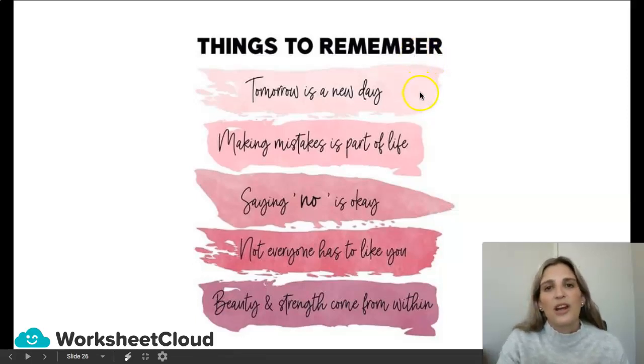So we can always scratch today off and just focus on new day tomorrow. This is so apt or appropriate for this lesson. Making mistakes is a part of life. So this is so true, and sometimes we are so hard on ourselves, especially me. If I make a mistake, I'm very hard on myself not to do that again. But it is just a part of life, and it happens.